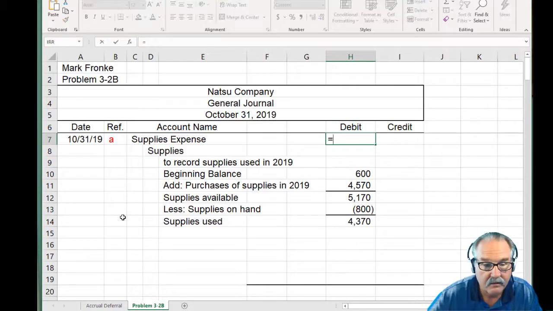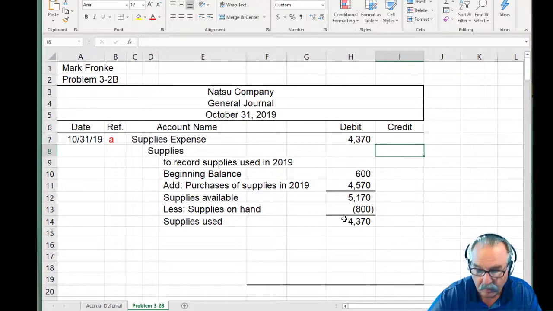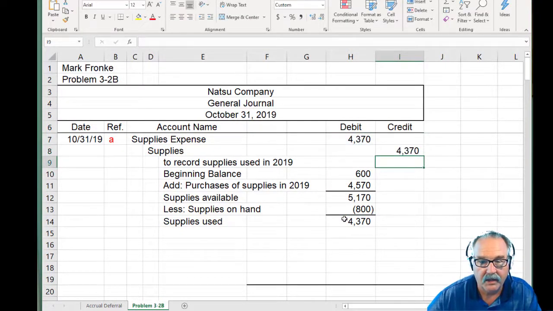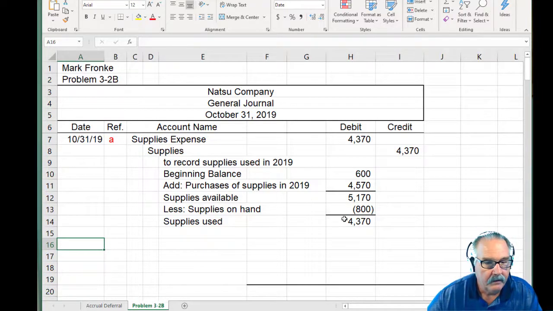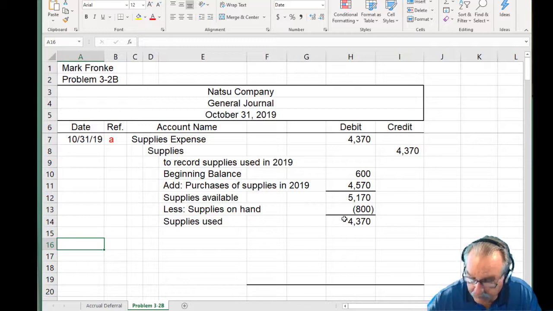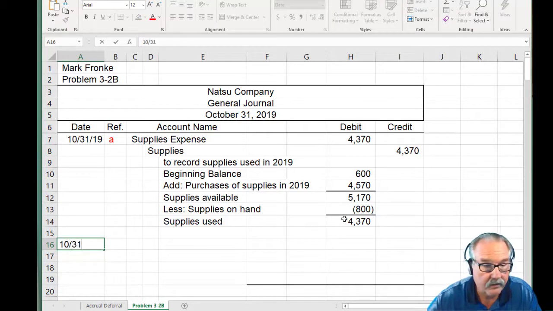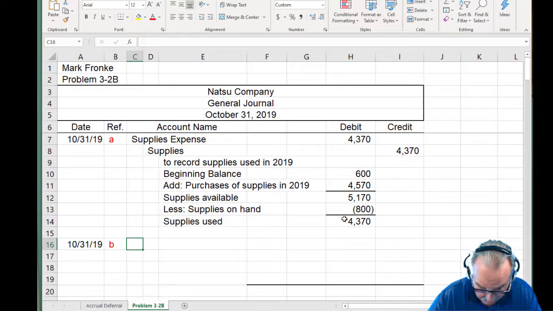So we debit supplies expense, and we'll credit supplies. Notice the format. Anytime you have to prepare a schedule, put it in the journal. Every one of these journal entries is going to be as of the end of the month.